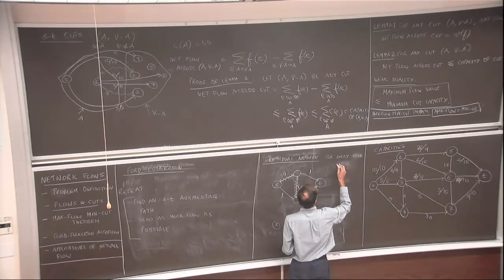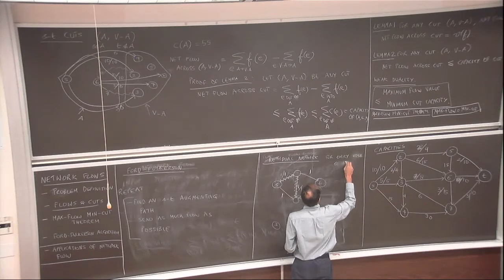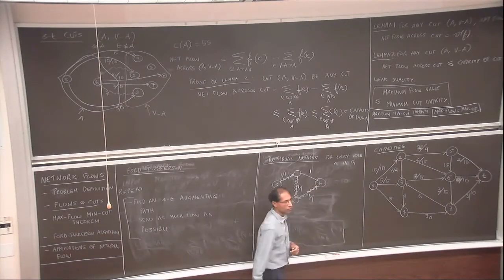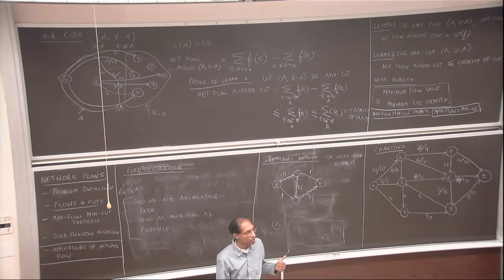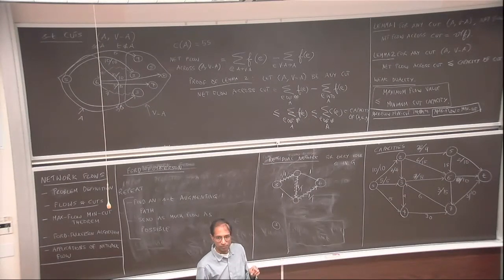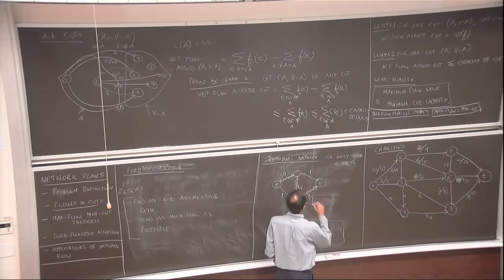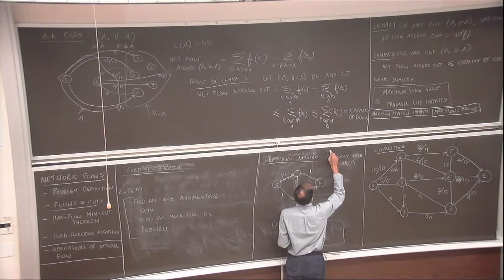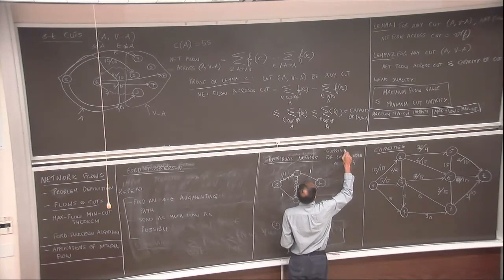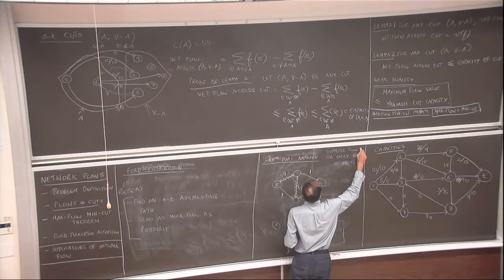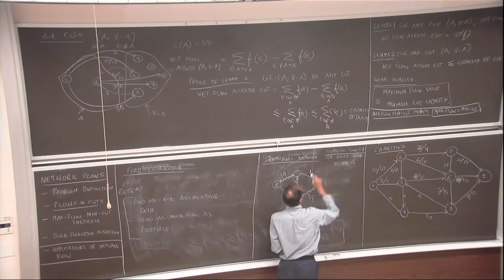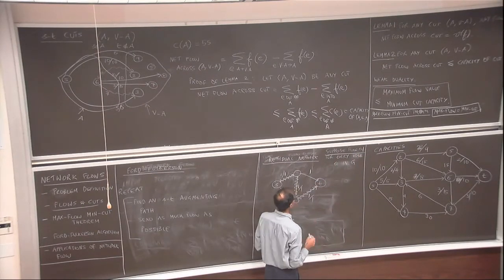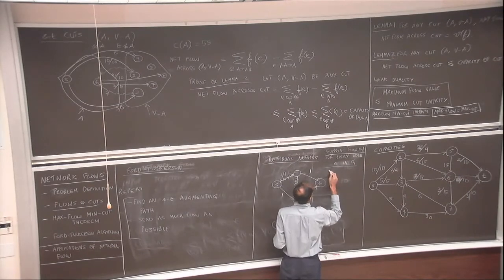For every edge E in the original graph G, you will have 2 edges in the residual network, one in the original direction and one in the reverse direction. So suppose the current flow is F, then we build the residual network GF.